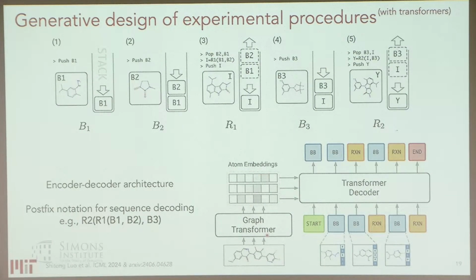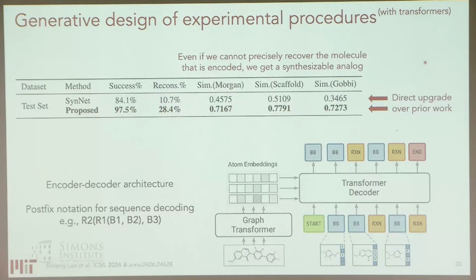We then train an encoder-decoder to take a molecule that we'd like to make and then decode the synthetic route that has been tokenized accordingly. And again, because we need to constrain this model to use commercially available building blocks, we don't treat each building block as a distinct token, but we do predict into some embedding space and do a retrieval task with that. So it's the exact same idea, but replacing the decoder with a transformer decoder ends up giving us this direct upgrade from the previous model.